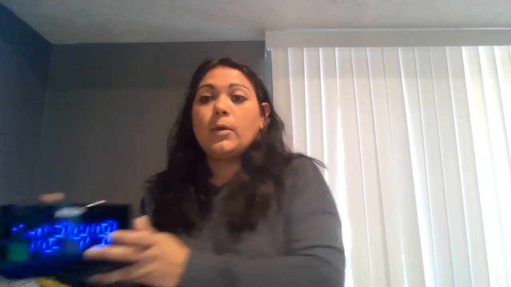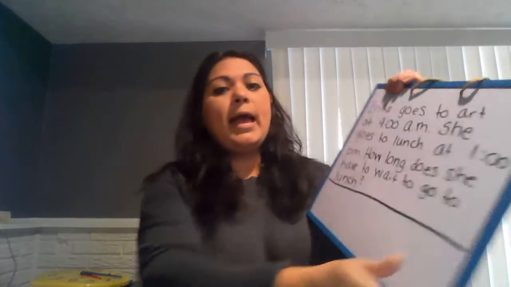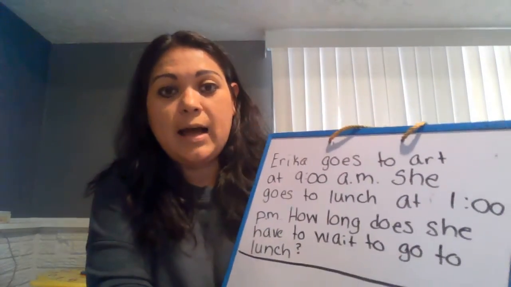You're comparing 2 times during a day or 3 times in a day, and you're asked to solve a problem. You can solve it using your hours and minutes on your digital clock, or using your hours and minutes on your analog clock. So let's take a look at a story problem using time.